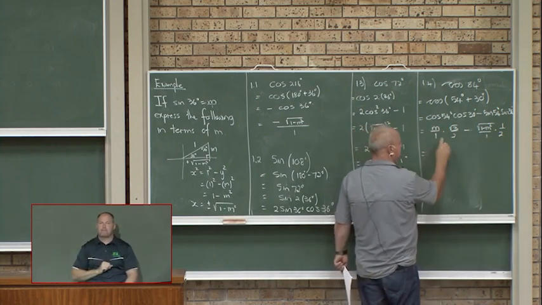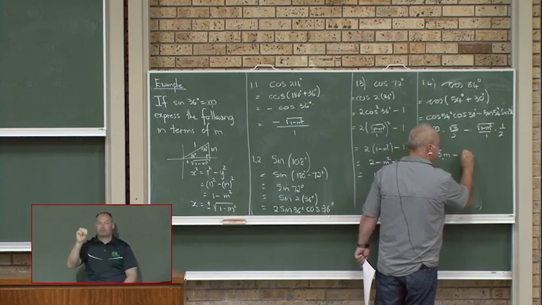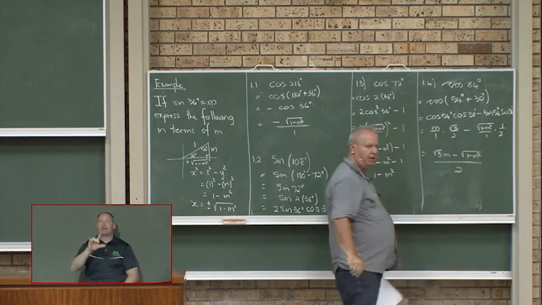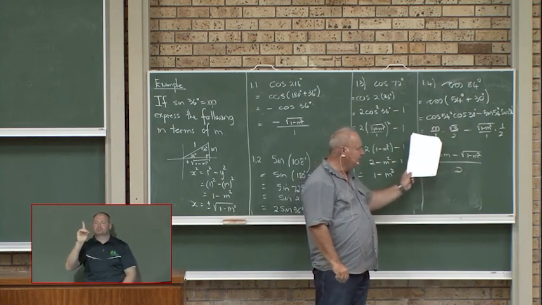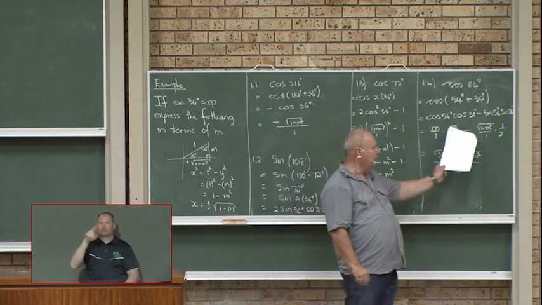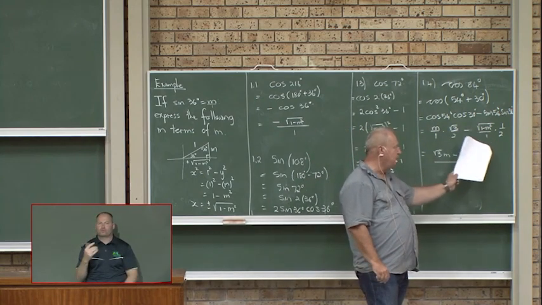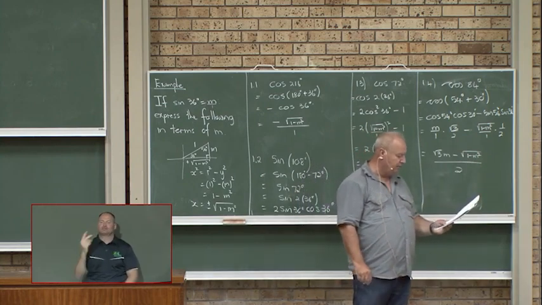So here we can say that is root 3 m minus the square root of 1 minus m squared, and your LCD is 2. So it is m root 3 over 2 minus the square root of 1 minus m squared over 2, LCD 2, final answer. Are you happy with it?